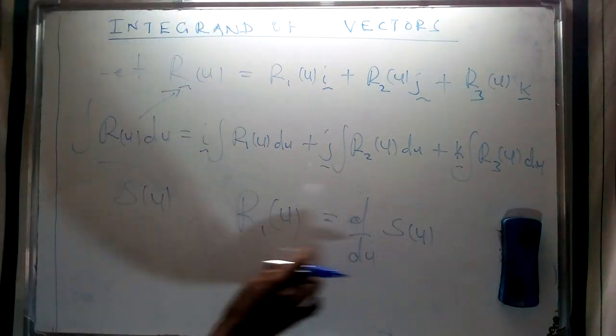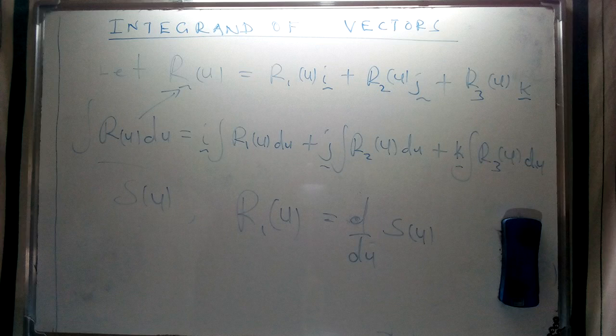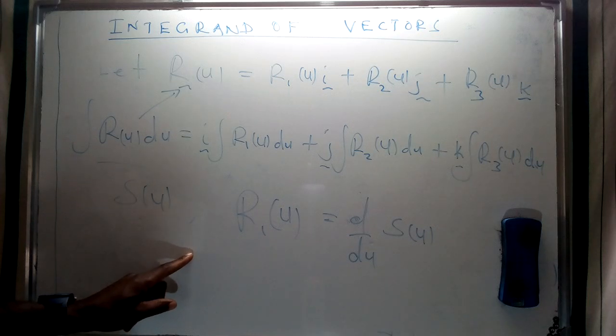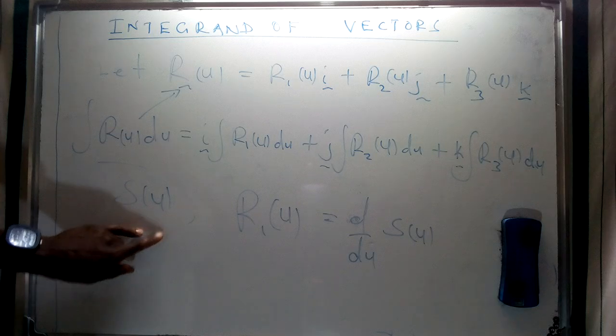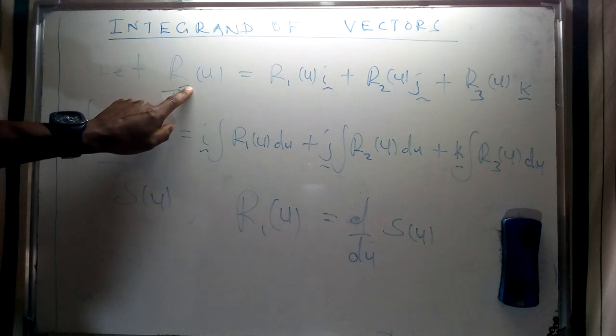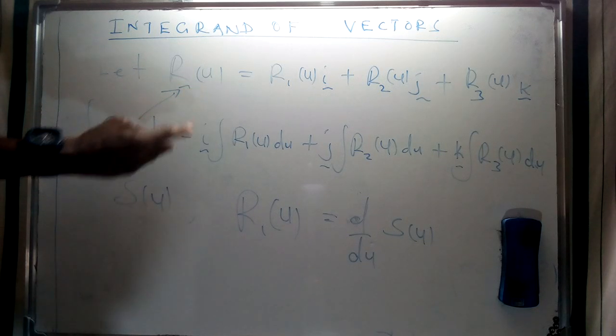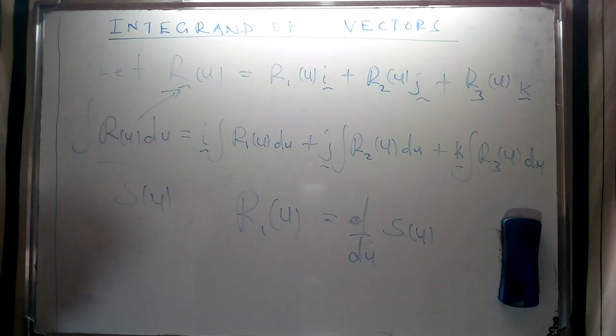So this is a derivative of this, and this gives a relationship that exists between this specific vector S(u) and this vector that is depending on a single variable with specific elements that I've mentioned on the board.